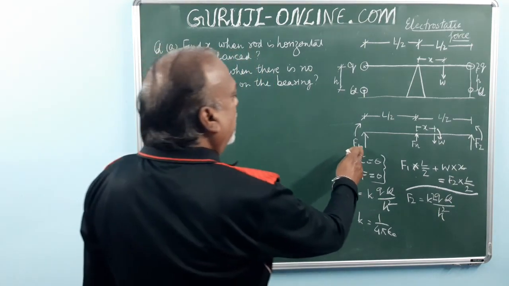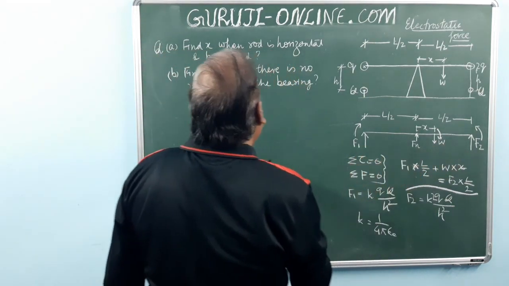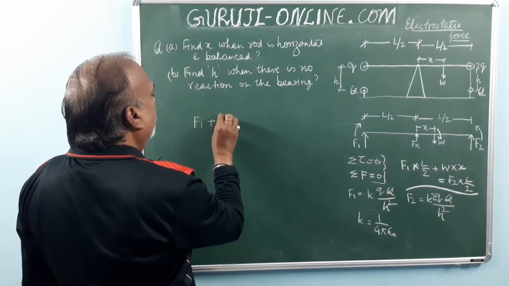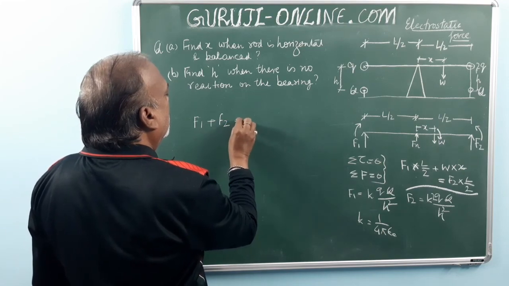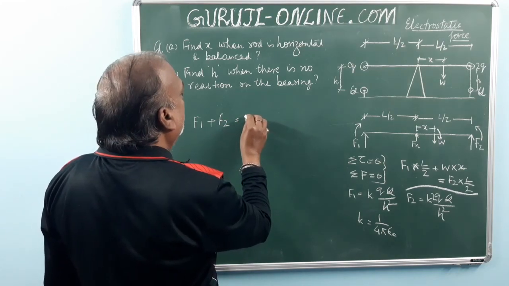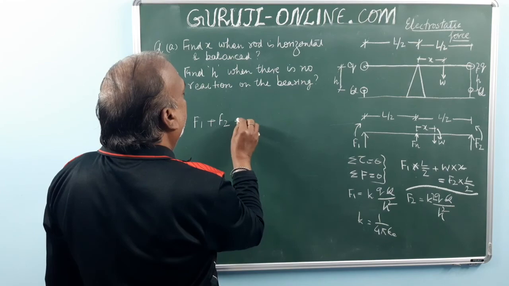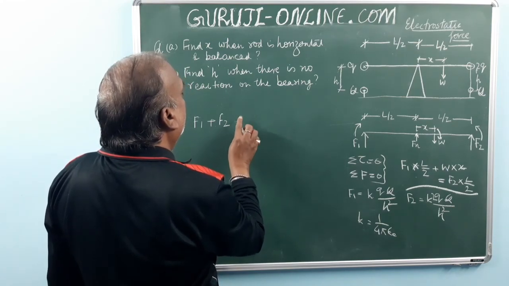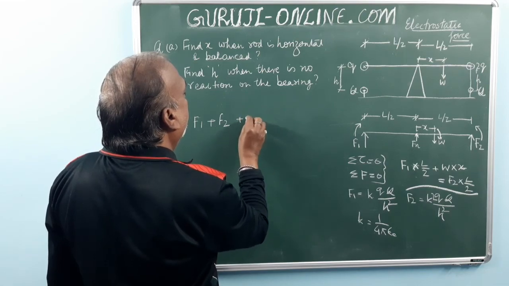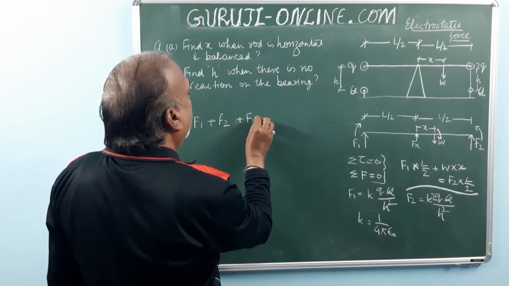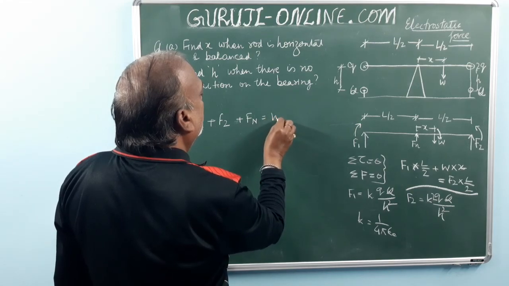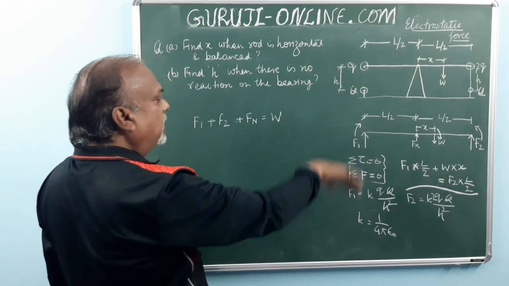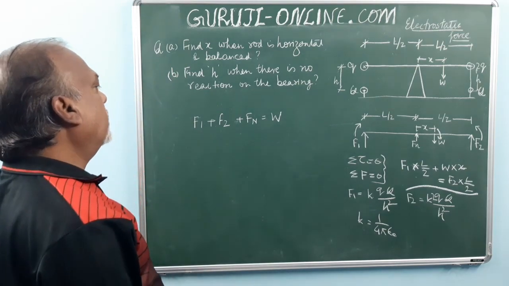So here basically F1 plus F2 plus Fn must be equal to W, because these are upward forces and these are downward forces, must be equal.